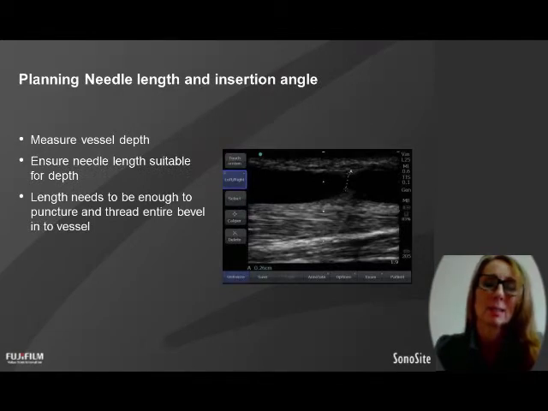Plan your needle length. This is particularly important for deeper vessels, but also the vessels that you think are shallow. Again, they may have an infiltration and they may not be as shallow as you think. Some of the big aneurysmal fistulas can have a little bit of luminal thrombus.